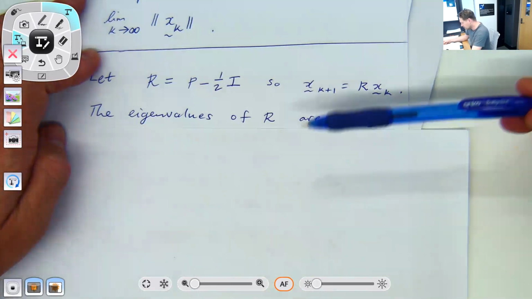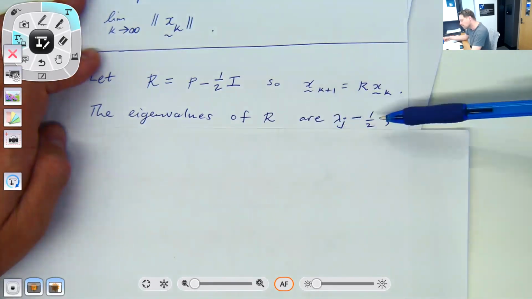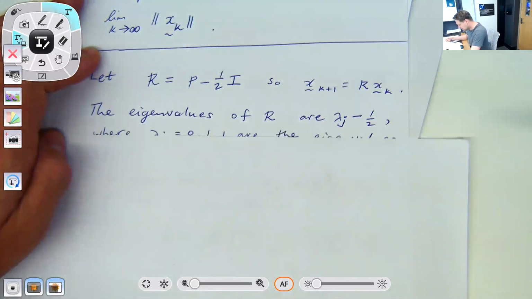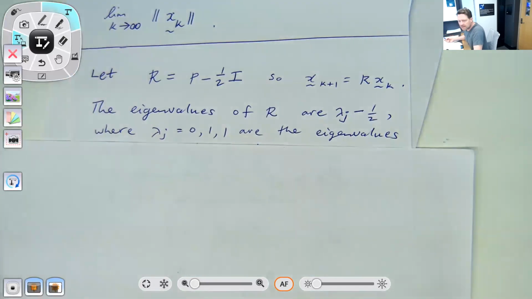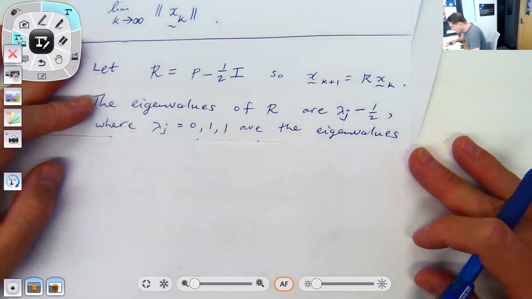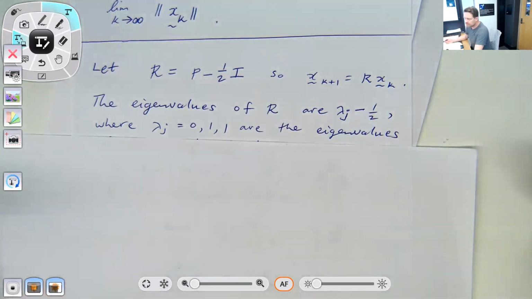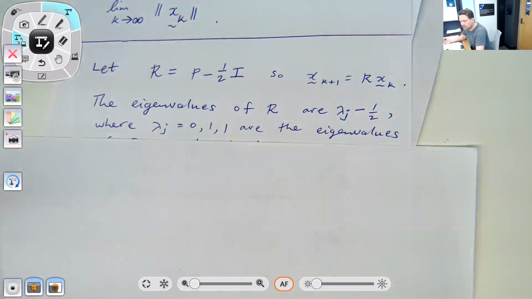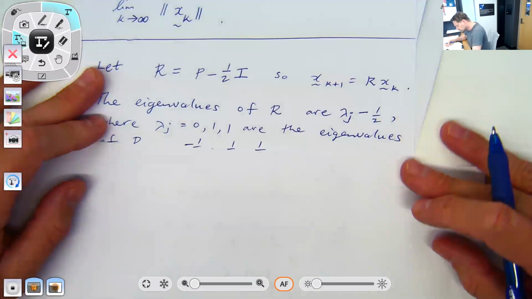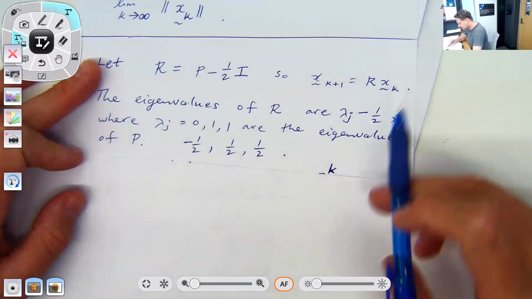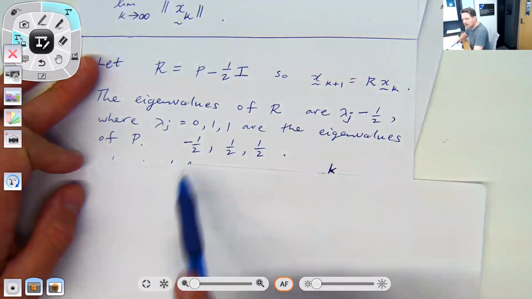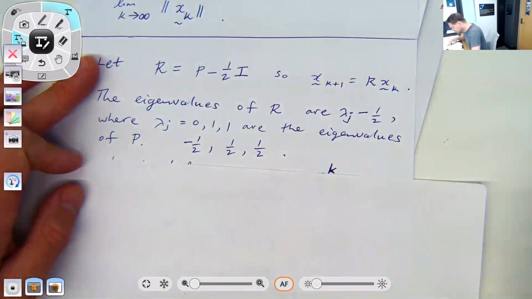So the eigenvalues of R are lambda j minus 1/2, where the lambda j are the eigenvalues of the matrix P. And we know those from the previous calculation: 0, 1, and 1. That makes this question a bit more difficult, because if you stuffed up the previous one, then you wouldn't really know what to do here, I would guess. So subtracting that half from each of these, the eigenvalues of the matrix are minus a half, plus a half, and plus a half.